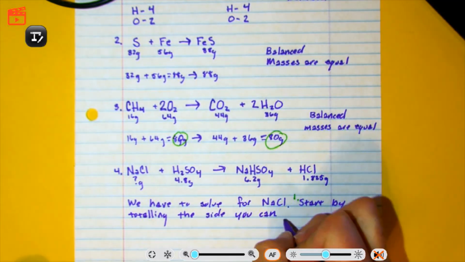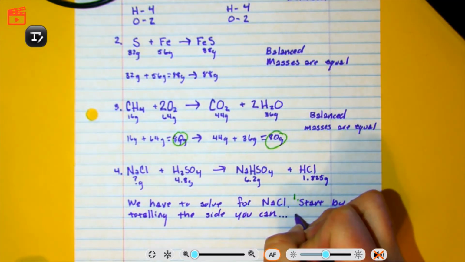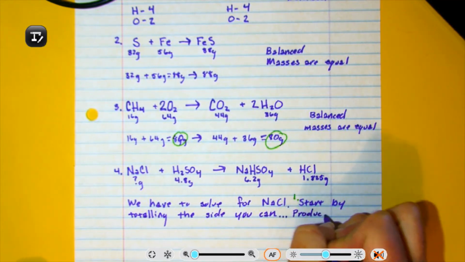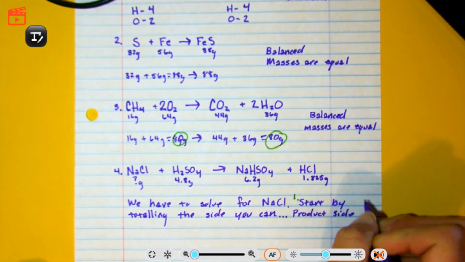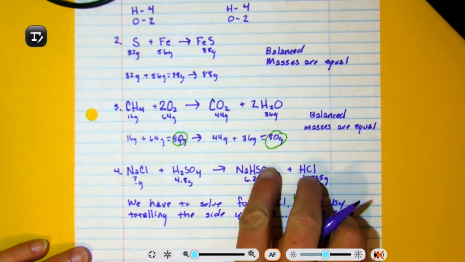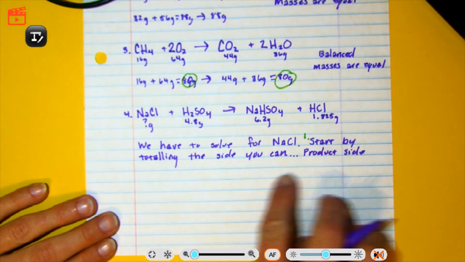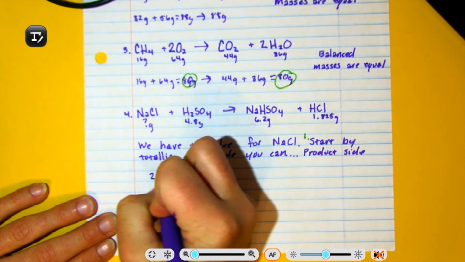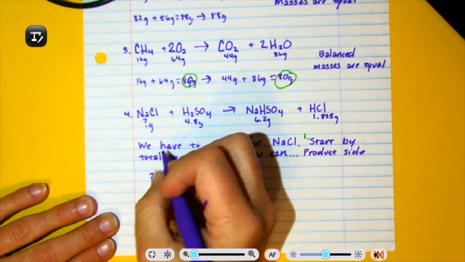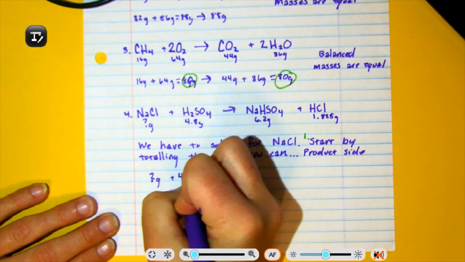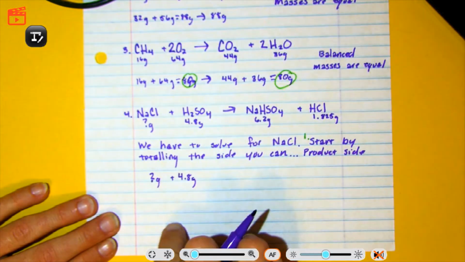In this case, it's our product side. Okay, since it's our product side, I'm just going to drop down right here and do it here, so I can write out my reactant side over here so I can remember what I'm solving for. I'm just bringing the whole thing down.